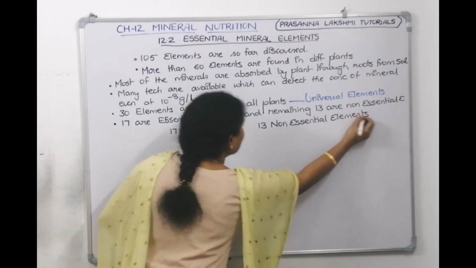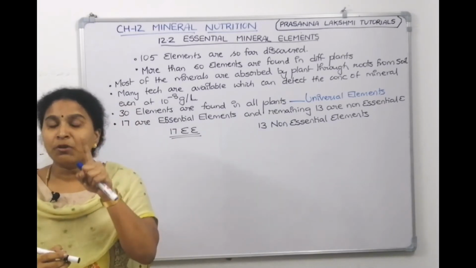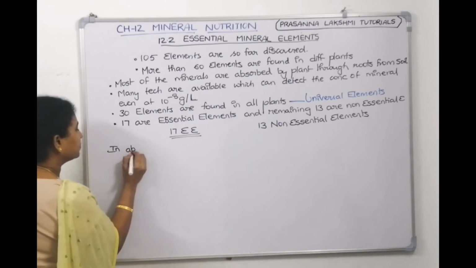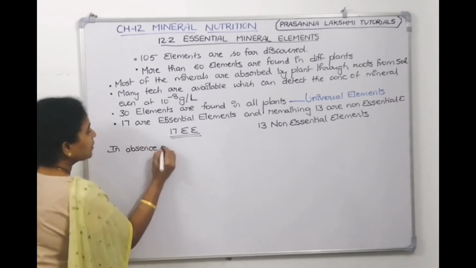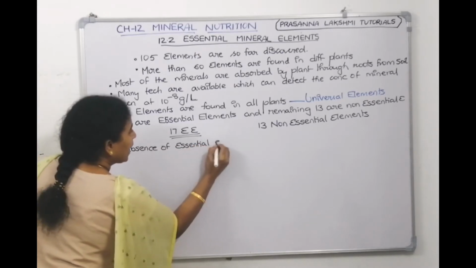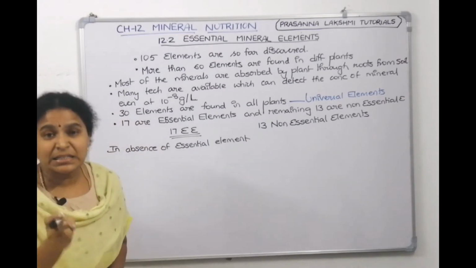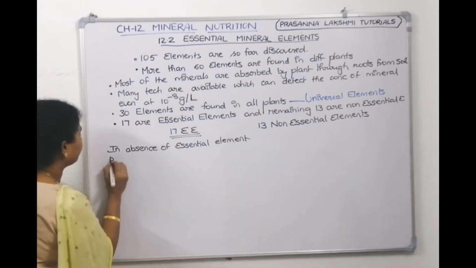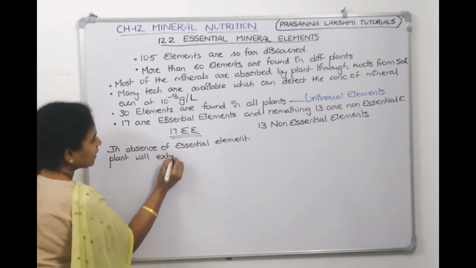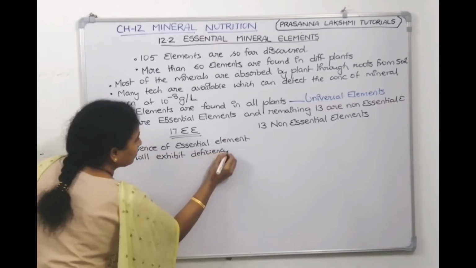Now, 17 essential elements means if you don't give them to the plant, in the absence of an essential element the plant will exhibit deficiency symptoms.